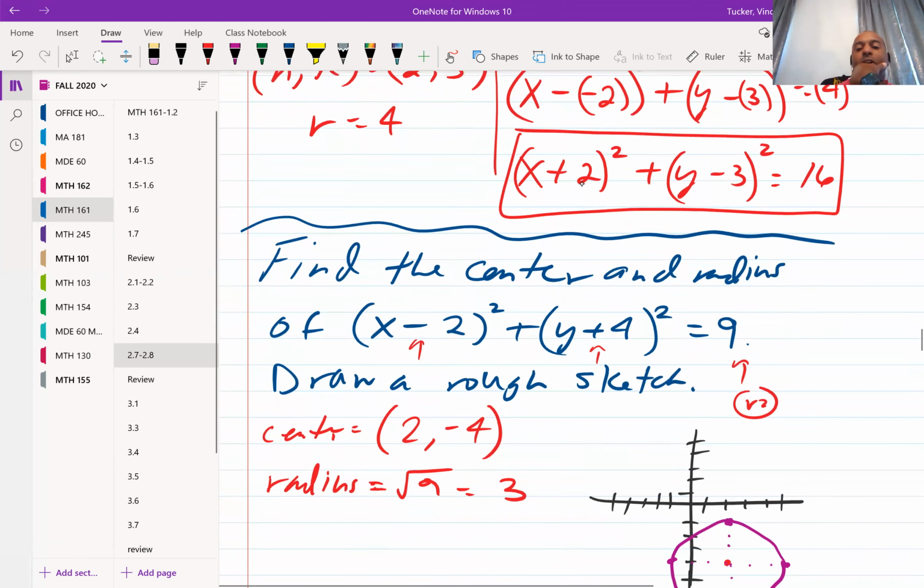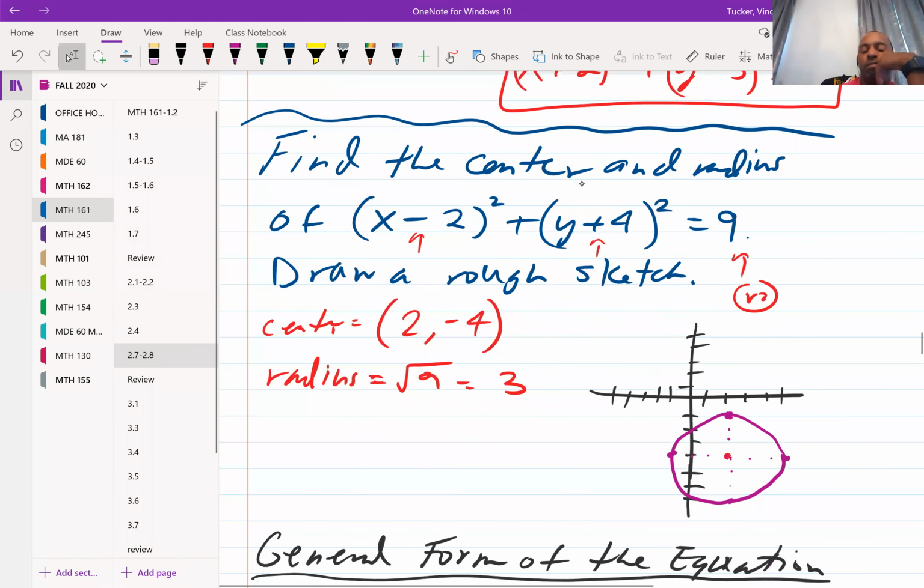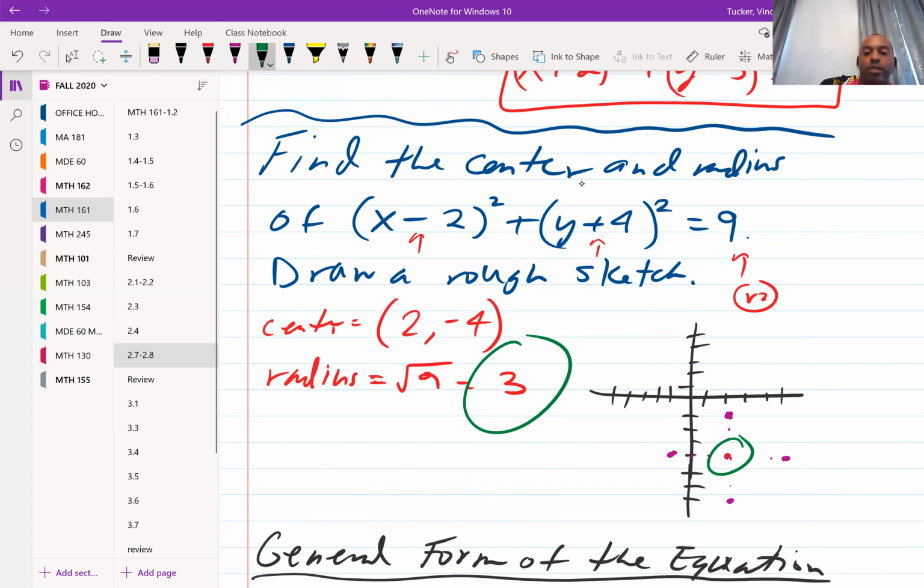All right. So now if you had to draw a rough sketch, the first thing you would do is draw your center, which is what I did right here. I went to the right 2, down 4. And then from the center, easy thing to do, just go up, down, left, right 3, because 3 is our radius.